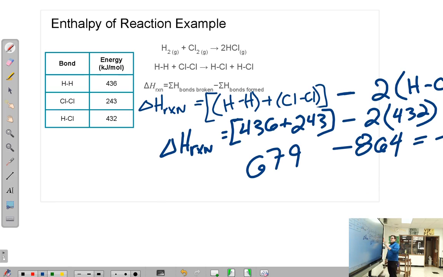Negative 185 what? Kilojoules per mole. Which means it's what kind of reaction? Exothermic reaction.